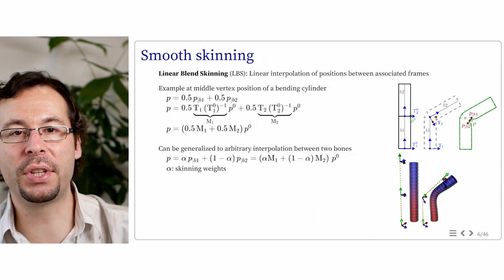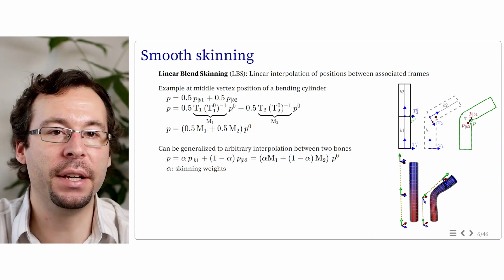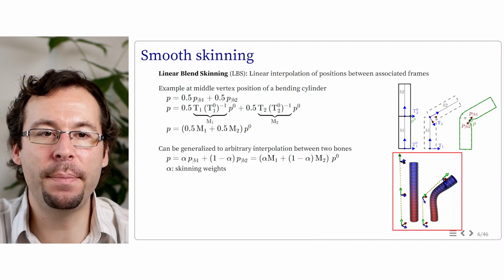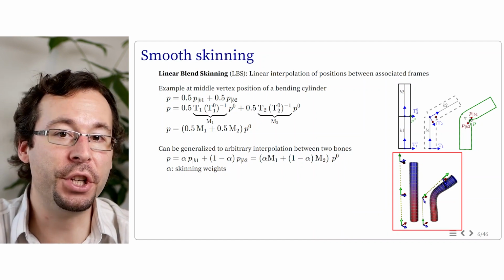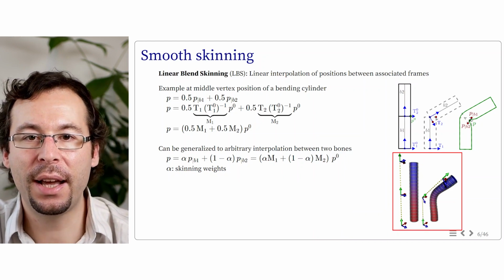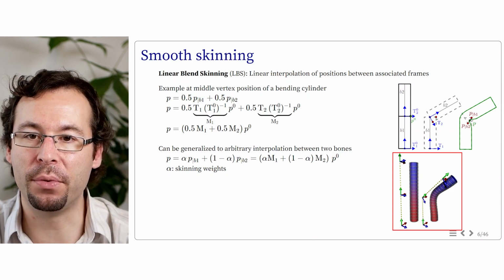But if we look at the entire cylinder, we can extend this approach to smoothly varying contributions. At first, the vertex in the bottom will mostly depend on B1 until reaching the middle, where it is shared between the two joints. And then in the top part, the vertices depend more on the joint B2.